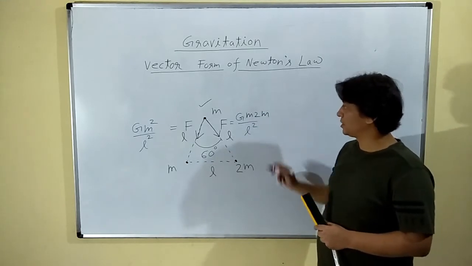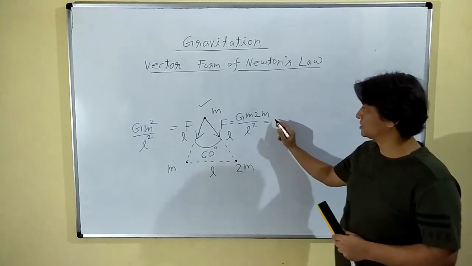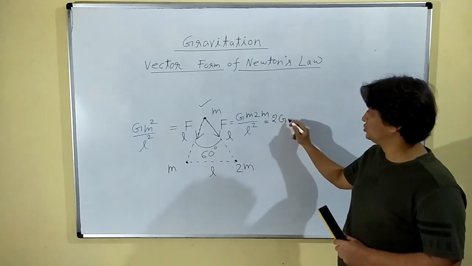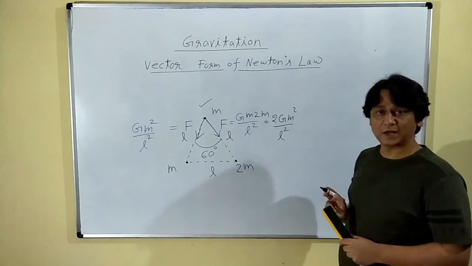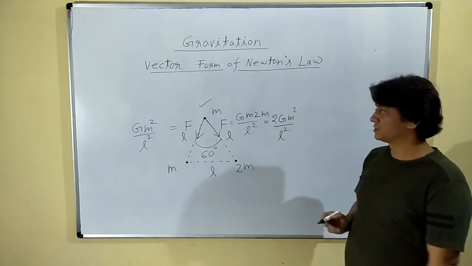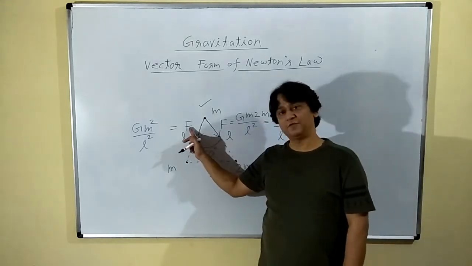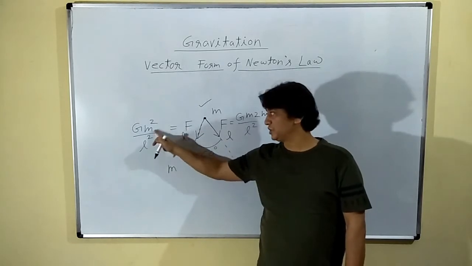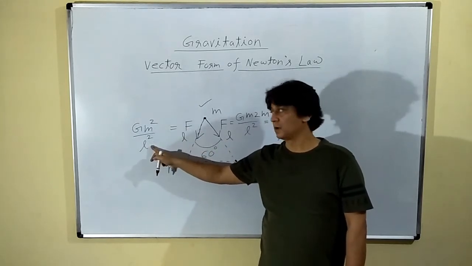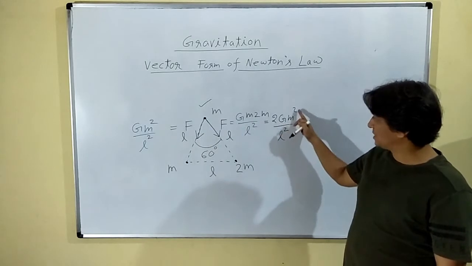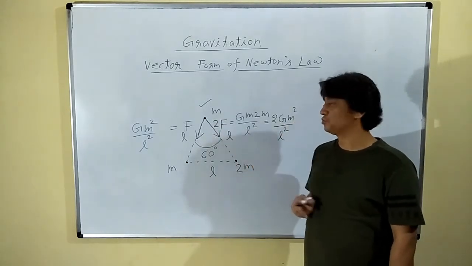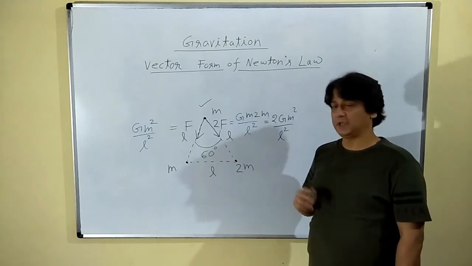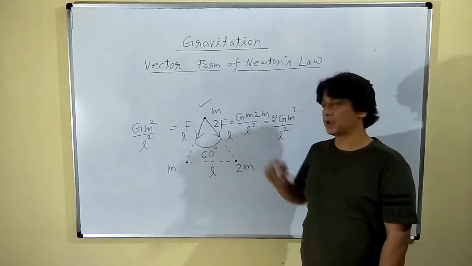M multiplied by 2m means this is 2g m square upon L square. Which means if you say that F is gm square upon L square, then 2gm square upon L square should be called 2f. Easy चीज है, ये f है और ये क्या हो गया? 2f.